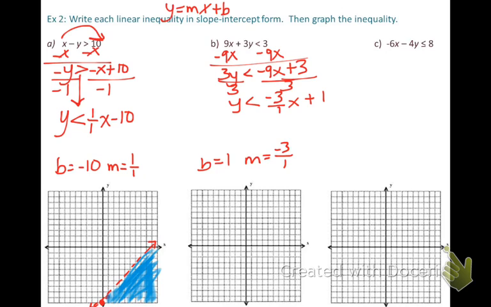So you start at 1, go down 3, 1, 2, 3, over 1. And again, it's just a less than, so you're going to put your dots. I'd like you to have a straight line.